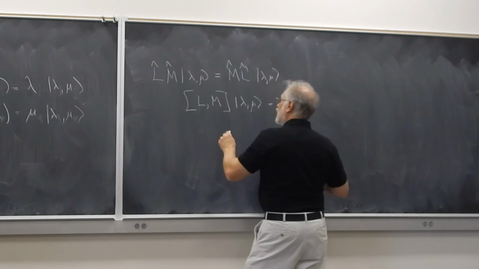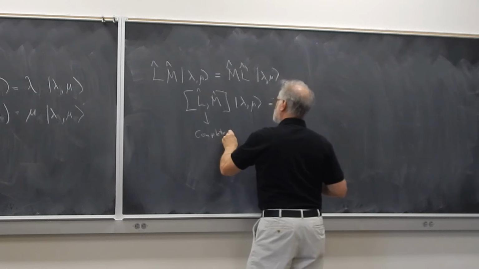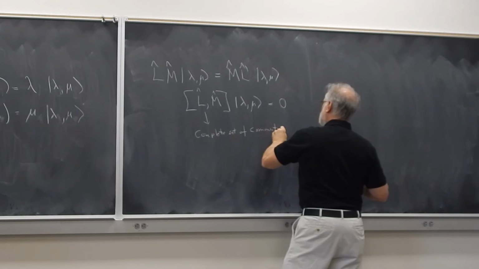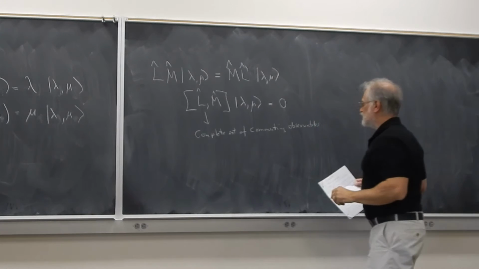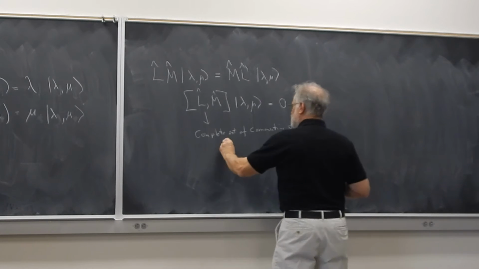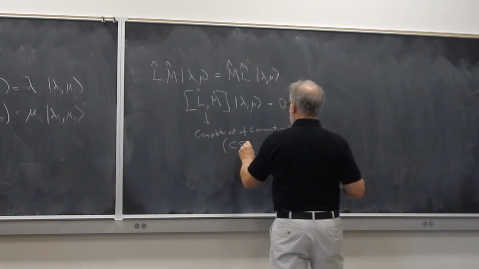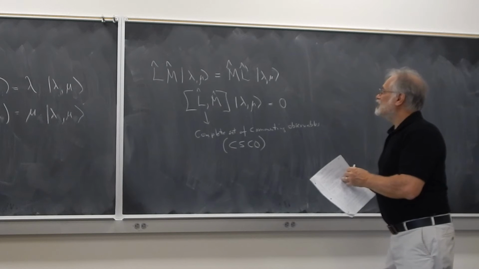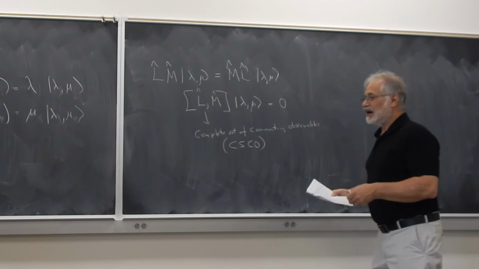We call L and M a complete set of commuting observables. Sometimes you'll see the abbreviation, for example, in Cohen-Tannoudji's very comprehensive quantum mechanics book, you'll see it written this way: complete set of commuting observables. So it's important that these two commute if they're going to have the same set of eigenvectors.